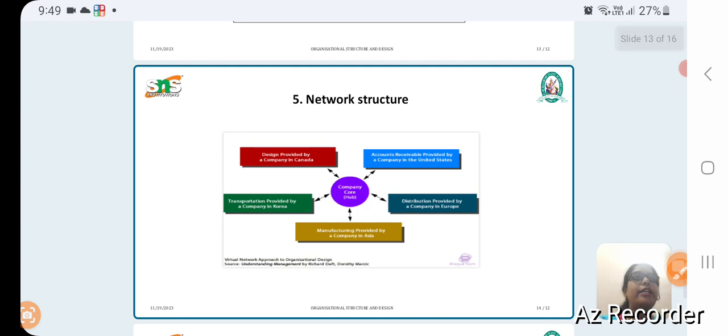Next one is network structure. As the name indicates, it is purely online, where the employees will not meet face to face, but they will be meeting virtually and will report to the managers in virtual form.